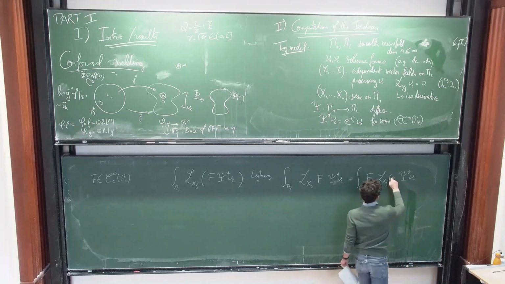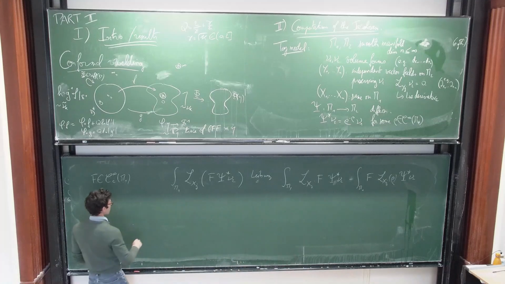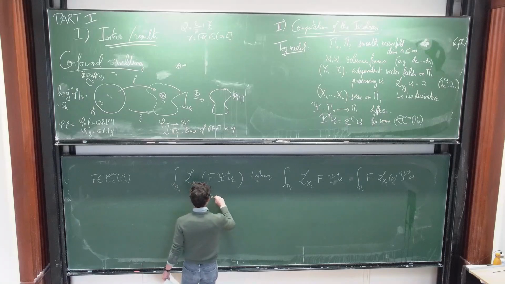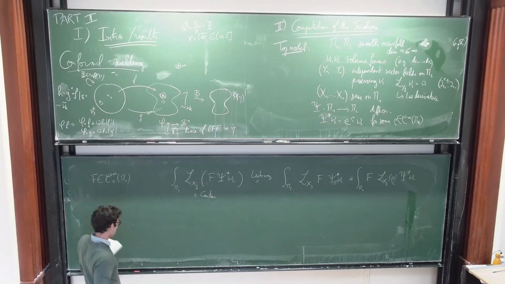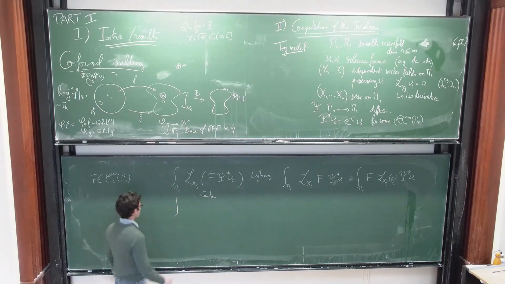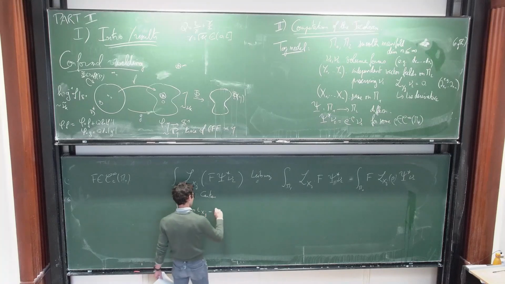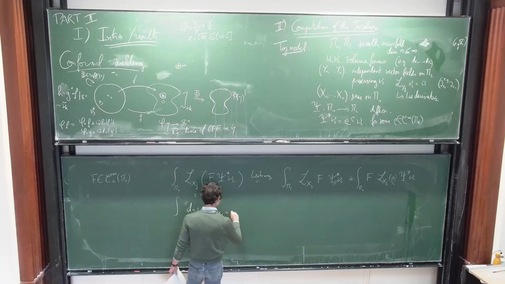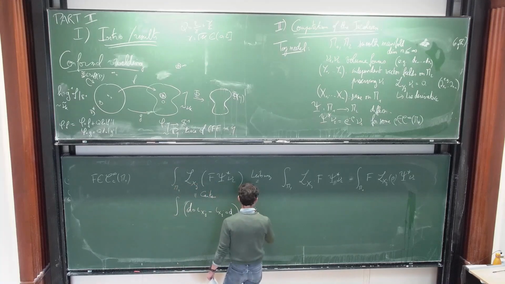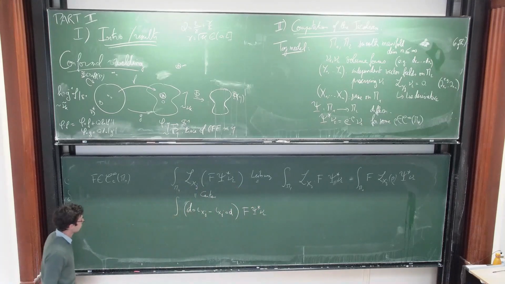So I have an integration by parts like this, but I still need to tell you what this is, and I claim that this is 0. Why? This is because of Cartan's formula. Cartan's formula tells you that the Lie derivative is the commutator of the de Rham differential and the contraction with xj, which means that this is really a sum of two terms. Now I claim that both are 0.